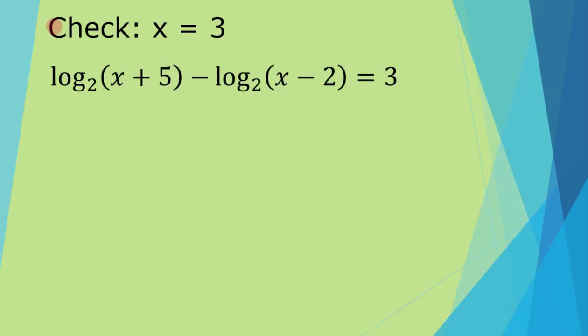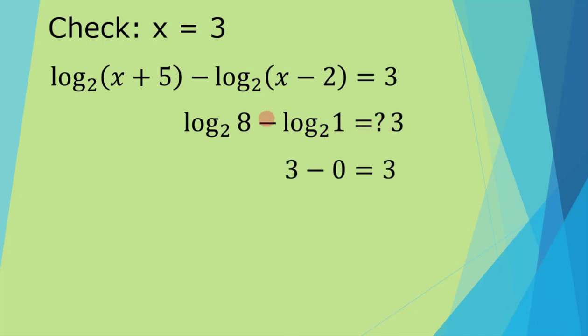To check whether x equals 3 is a solution, we have to replace here 3. So log of 3 plus 5, that's 8 to the base 2. Then minus log of 3 minus 2, that's 1 to the base 2. Is it really equal to 3?